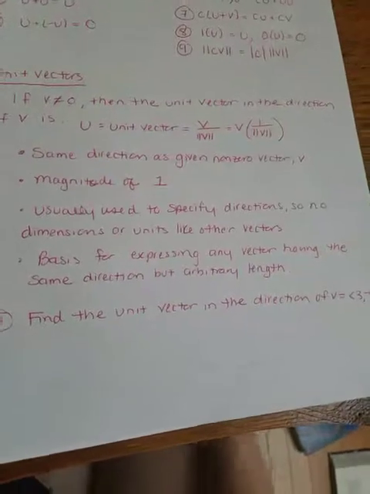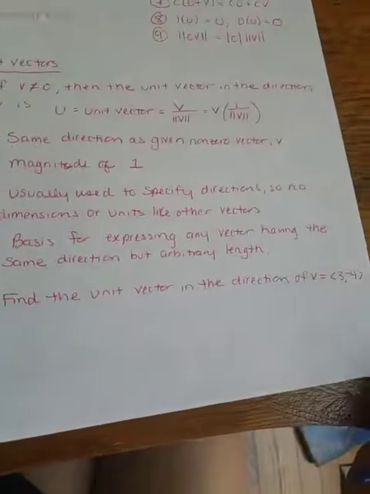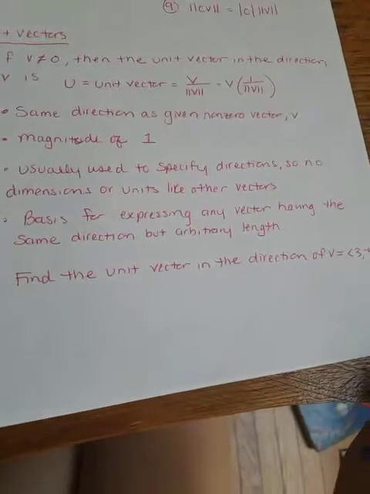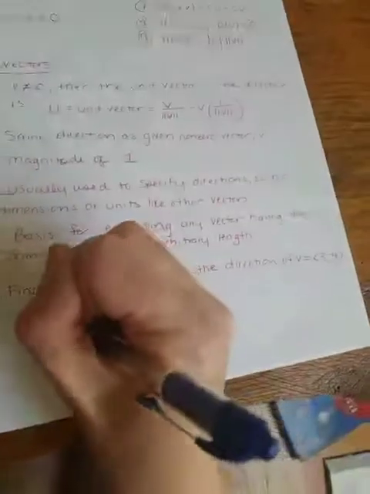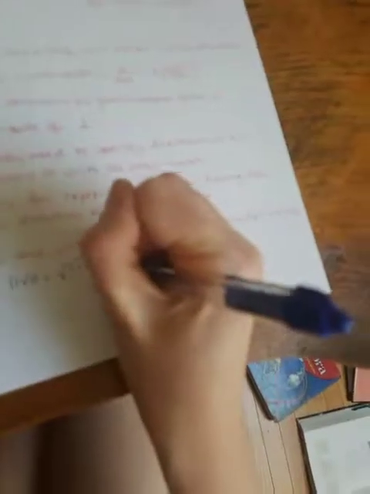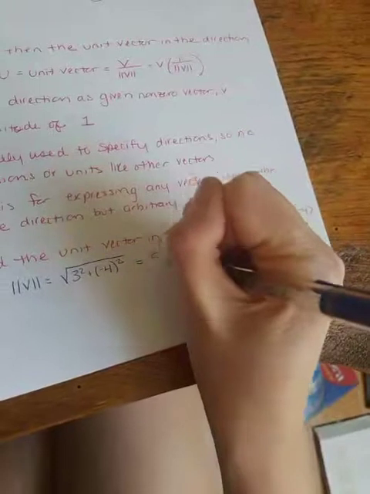So number 4, find the unit vector in the direction of ⟨3, -4⟩. To find the unit vector, we need to know, well, what is the magnitude of v? So let's do that first. That's going to be the square root of 3 squared plus quantity negative 4 squared, which would be 25, so root 25.